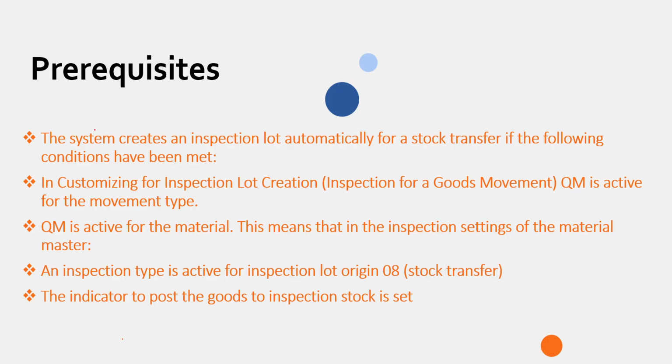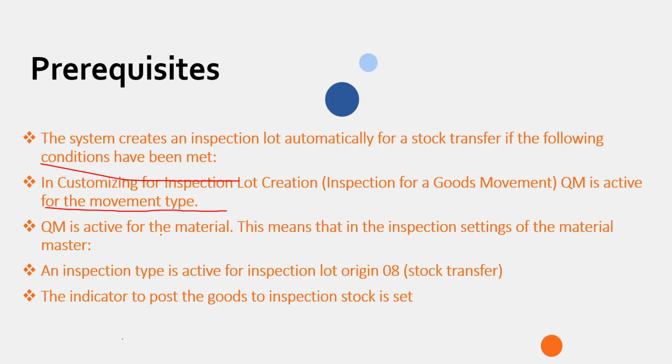This is a prerequisite for the creation of the stock transfer. How to do this? The system creates the inspection lot automatically for the stock transfer if the following conditions are met. If you follow these conditions, then the inspection lot will be created automatically, that 88 inspection lot. In customizing, inspection lot creation for goods movement in QM must be active for the movement types, then the inspection lot will be created accordingly for those movement types.